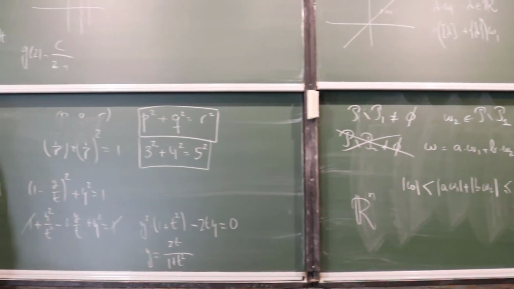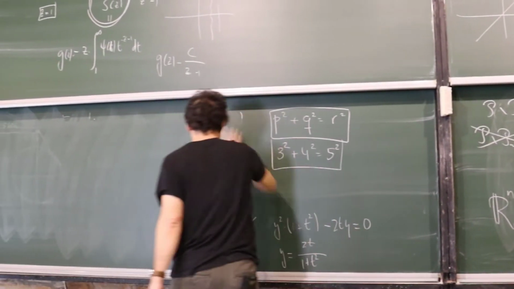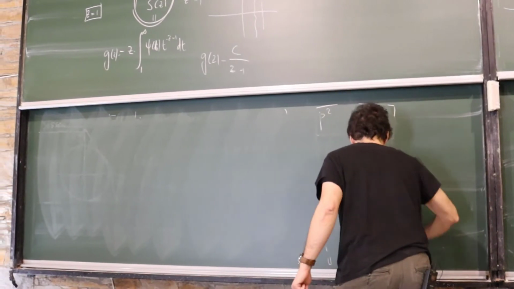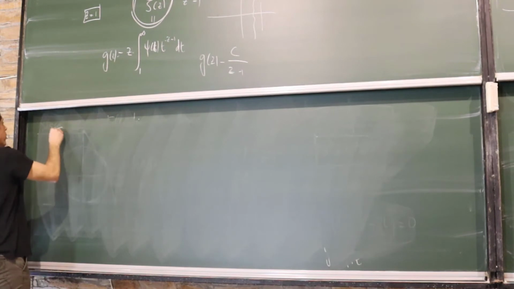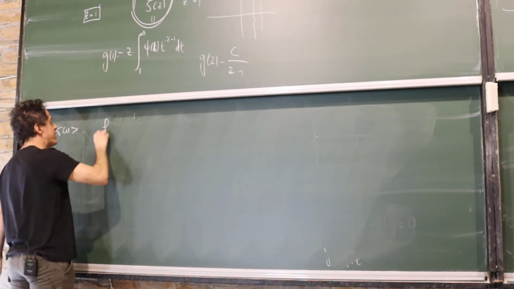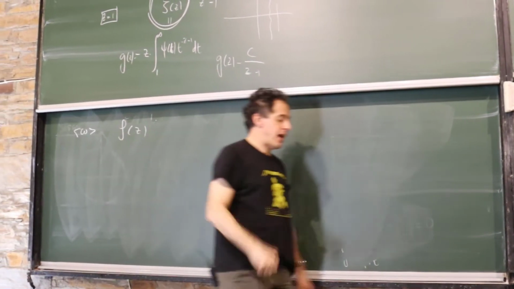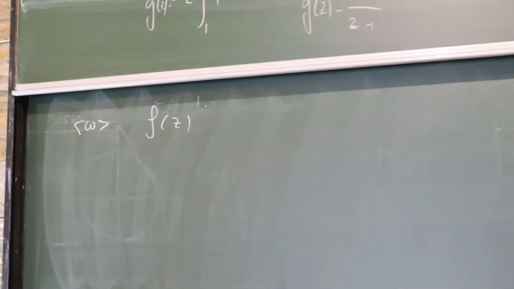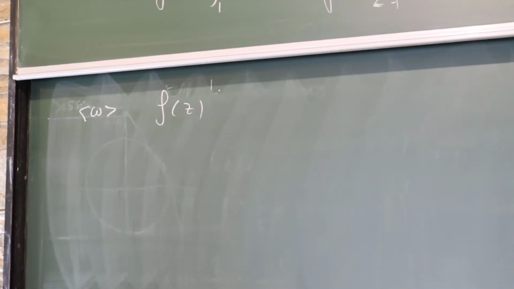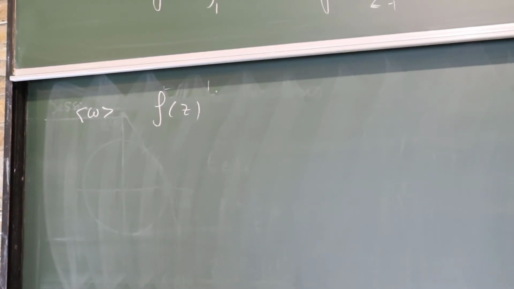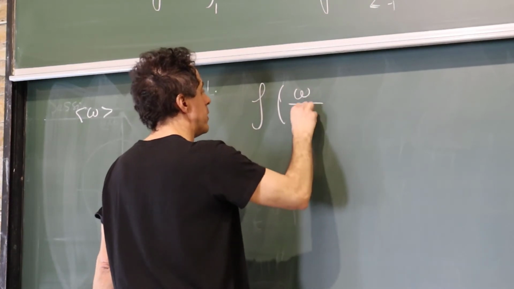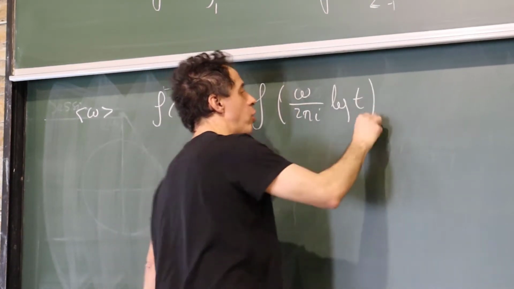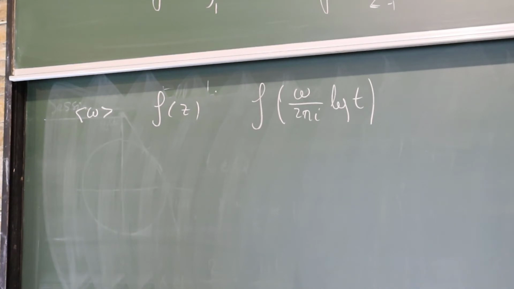In the case of one period, assume that the set of periods is generated by only one period. And consider such a periodic function, having the set of periods generated by this omega here. So if you take f of log t, this is a well-defined function.